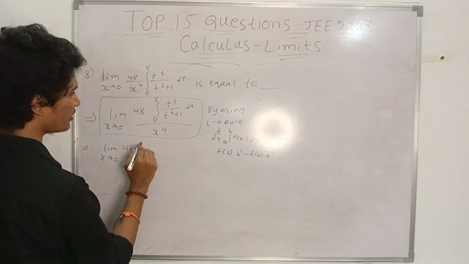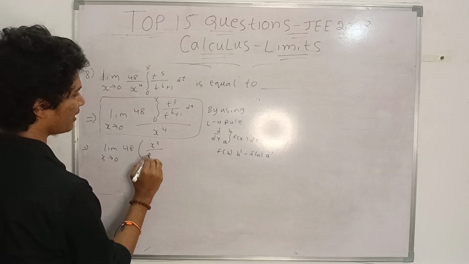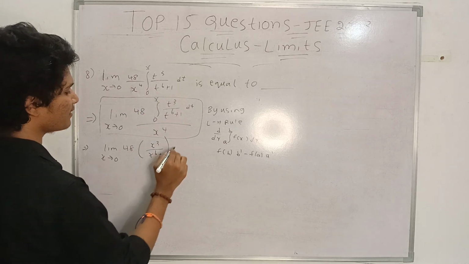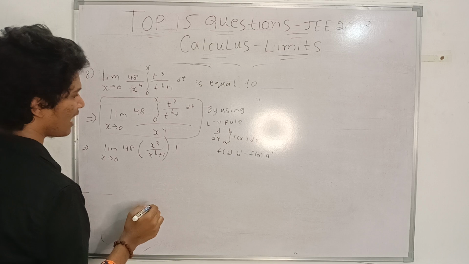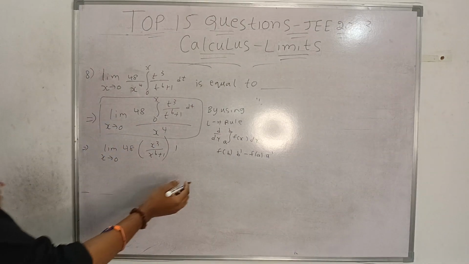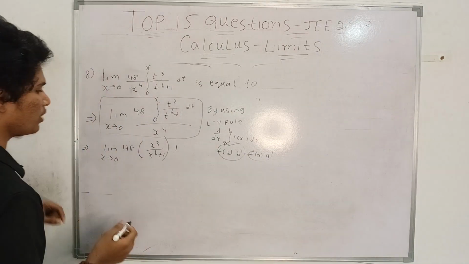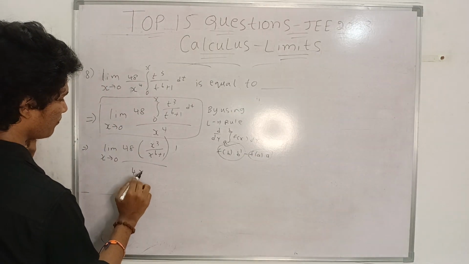Here what we will get? 48 into x cube divided by x power 6 plus 1, into the differentiation of x, which is 1. And the lower limit part gives 0, so no need to solve this part, because it is constant only. Divided by 4x cube.